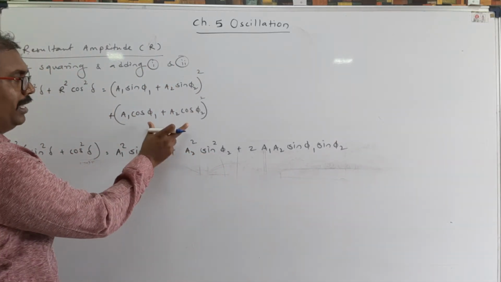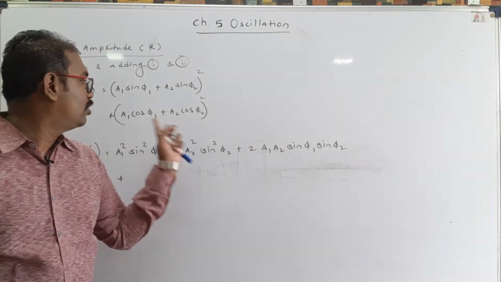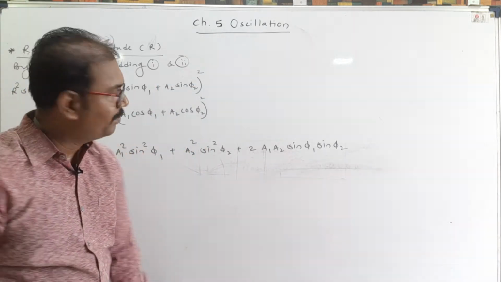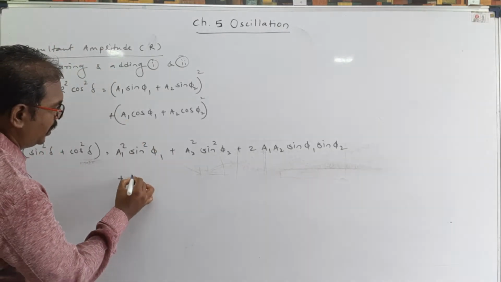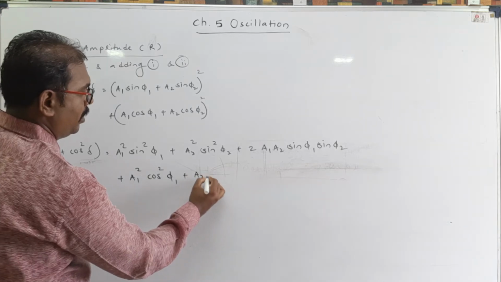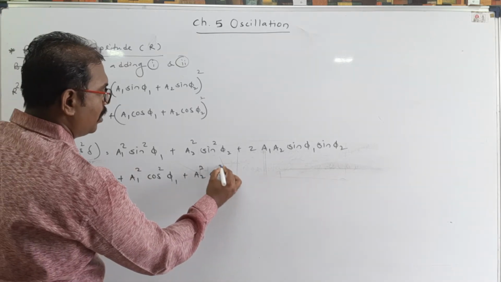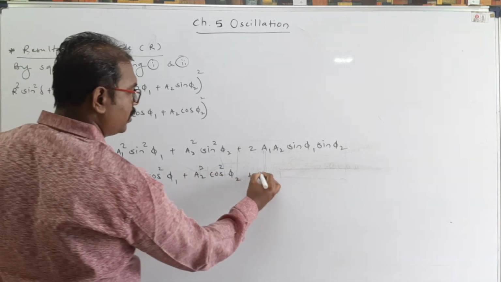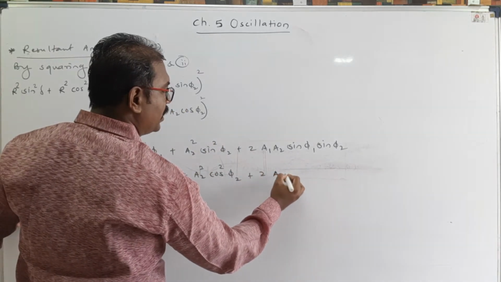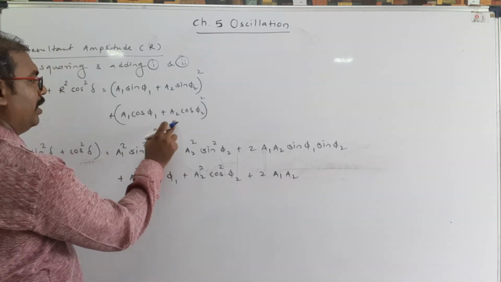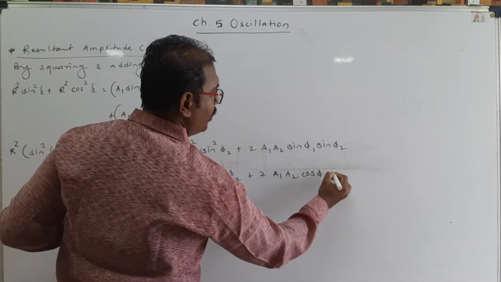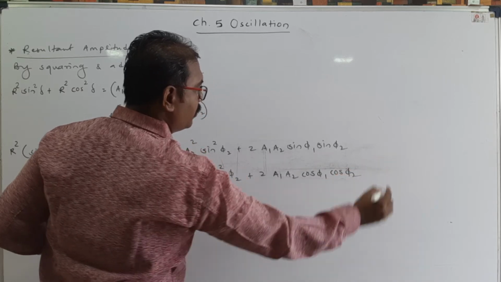Plus, in a similar manner, we have to expand this bracket also using the (a plus b) whole square expansion, a square plus b square plus 2ab. So this square: A1 square cos square phi 1 plus A2 square cos square phi 2, plus 2 into A1 A2 and then cos phi 1 into cos phi 2.